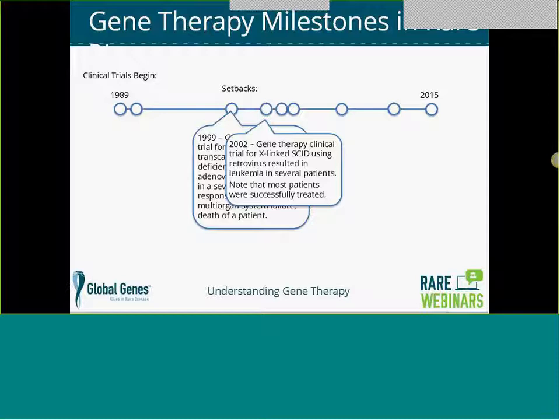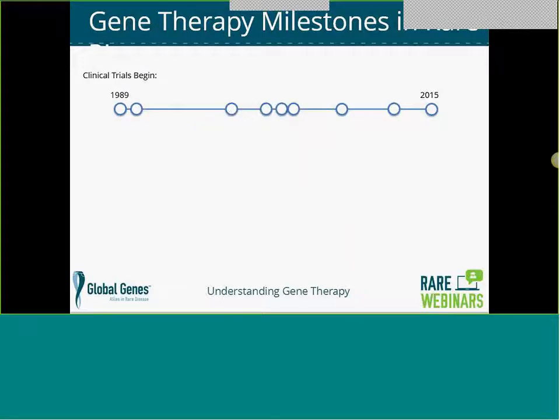This one, using a retroviral vector, resulted in leukemia in several patients. But most of those patients were successfully treated for the leukemia. But the other thing about that particular clinical trial is all the surviving patients were successfully treated by the gene therapy. So although it was a setback, there was also a big clinical benefit to those patients.